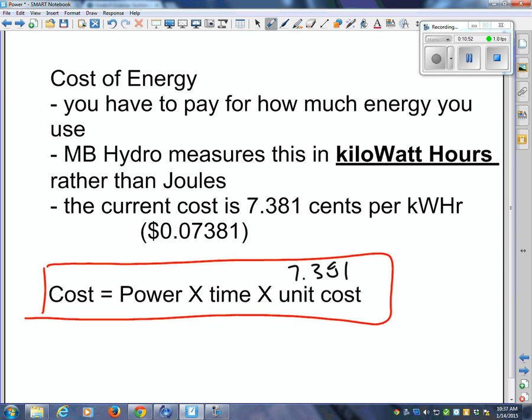If you want to do it in dollars, you divide by 100. In dollars, it's 0.07381. That number there is how much it costs. So today we're going to look at certain items in your home and try to figure out how much they cost to run.